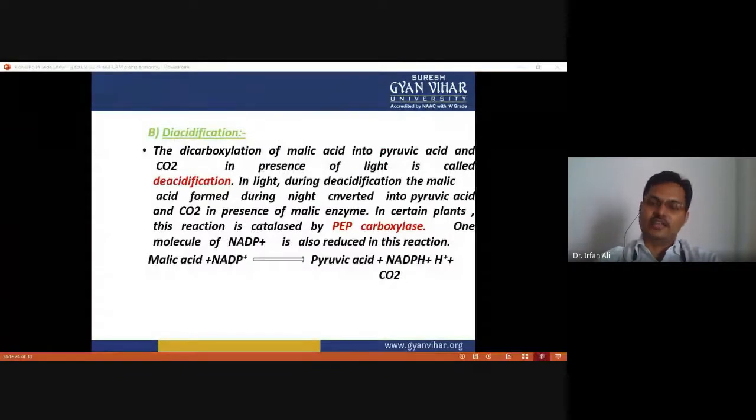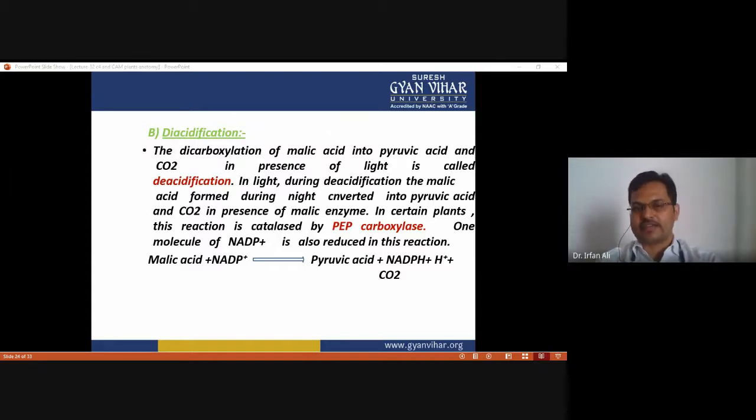Now during deacidification, the carbon dioxide is released, which occurs during the daytime while the stomata are closed. The decarboxylation of malic acid into pyruvic acid and carbon dioxide in the presence of light is called deacidification. So in the light, the malic acid formed during the night is converted into pyruvic acid and CO2 in the presence of malic enzyme.